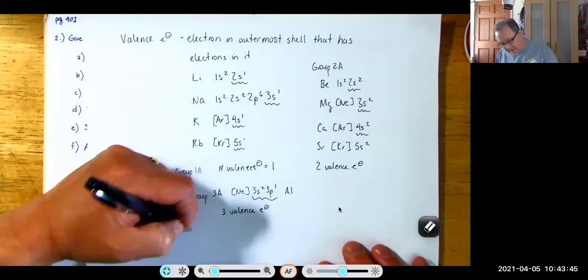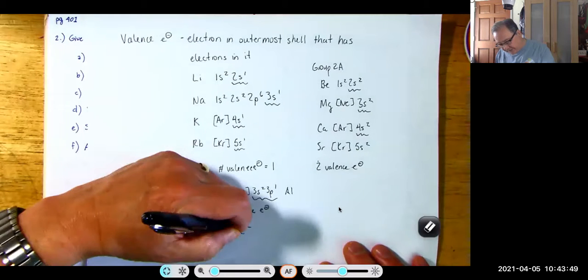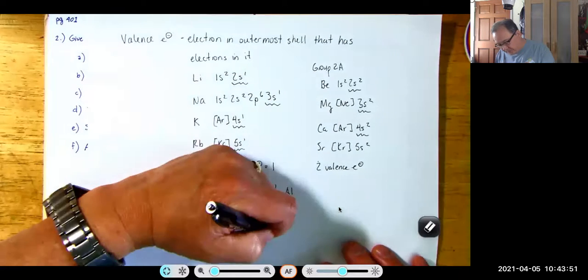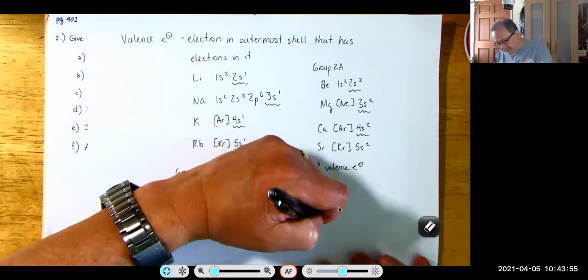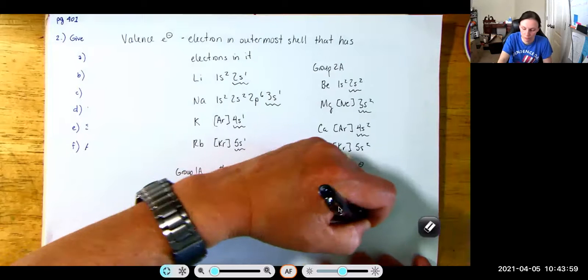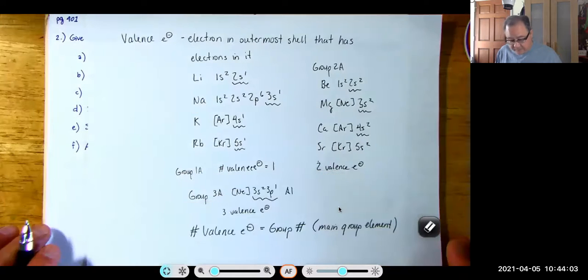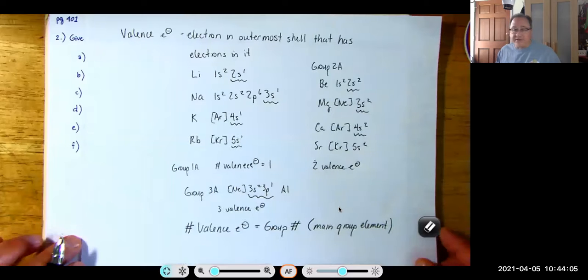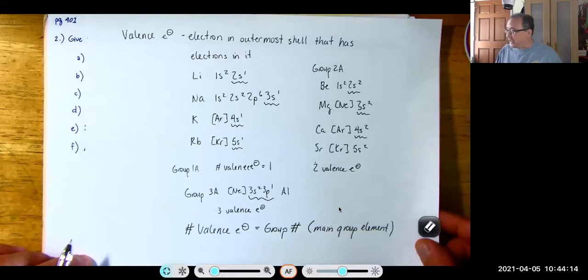The number of valence electrons is equal to the group number, and this is for the main group elements, not the transition metals. The transition metals, it's basically 2. Let's look at some transition metals.